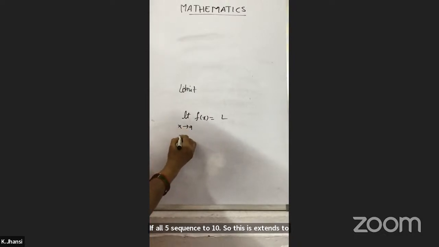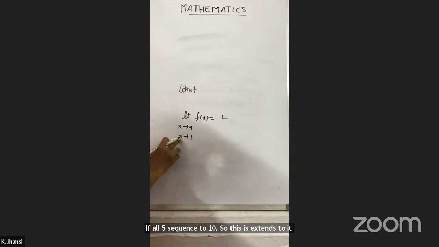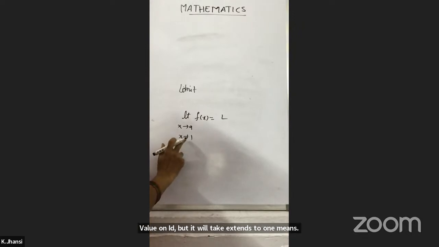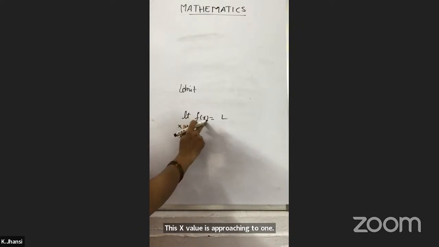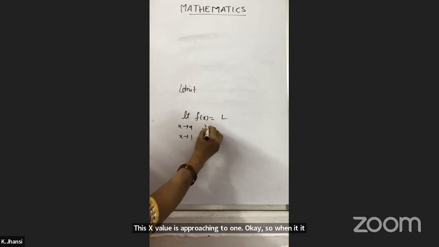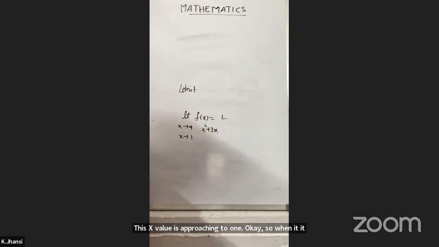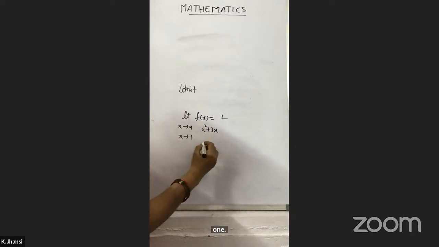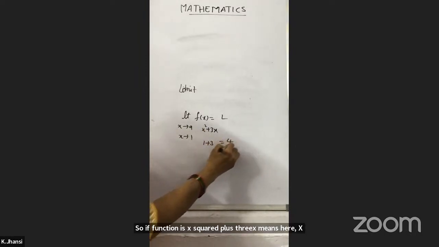If x tends to 1, it means x is approaching 1. When x tends to 1, what will f of x tend to? Suppose f of x is x square plus 3x. Here you can take x as 1, so you get 1 plus 3, which is the value 4.